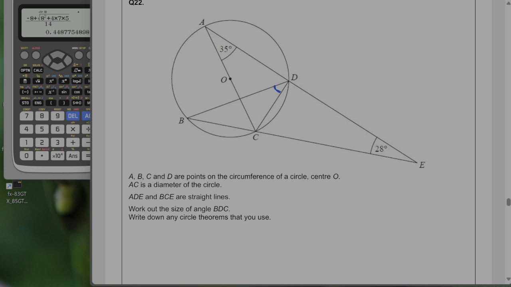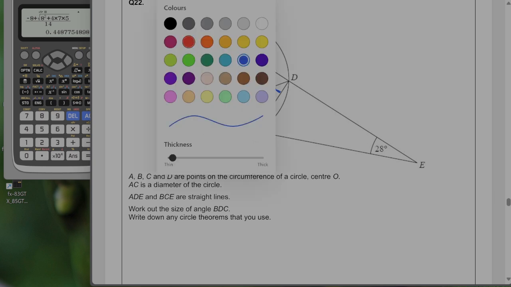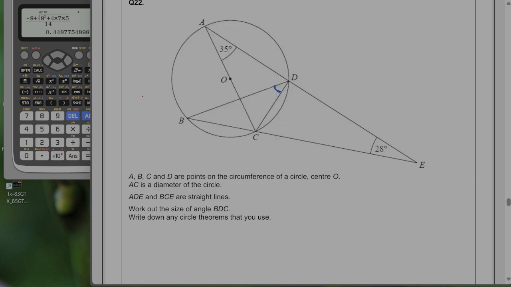Okay, right. So first thing I'm going to do is I'm just sort of planning this in my head before I explain it. Right, I've got a 90-degree angle there because we've got diameter to circumference. This has got to be 35 because angles subtended from the same arc to the circumference are equal.